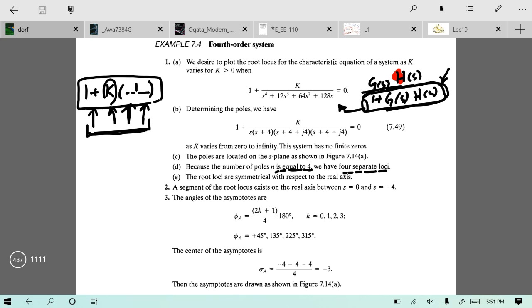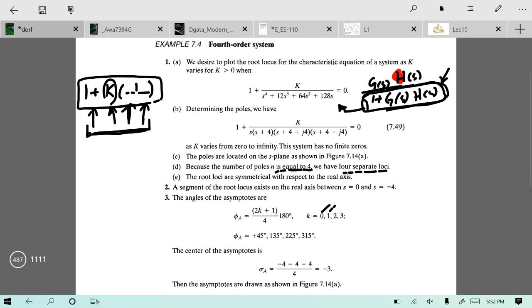How? The angle of asymptote is phi a equal to (2k plus 1) divided by 4, into 180, where k is 0, 1, 2, 3, and 4 is the number of poles. With k equal to 0, you will find one angle.